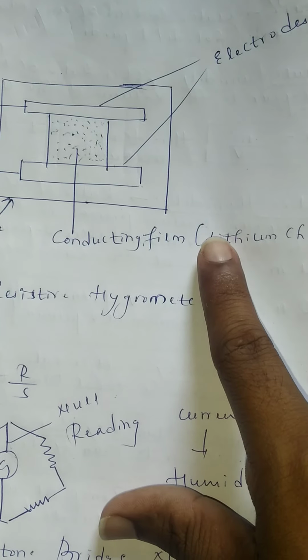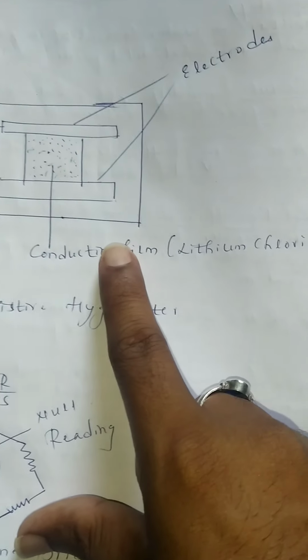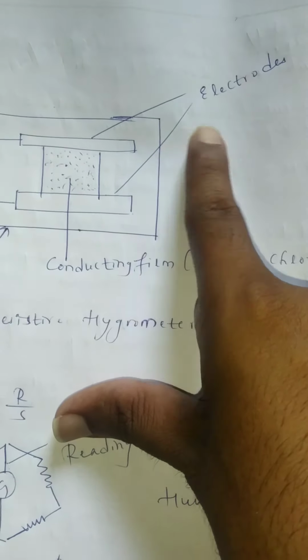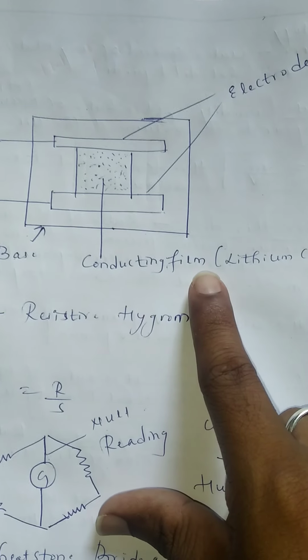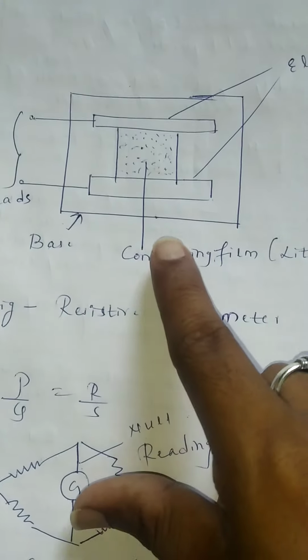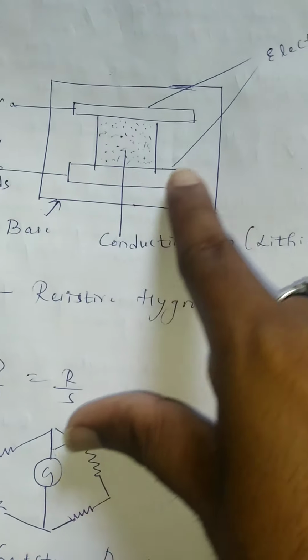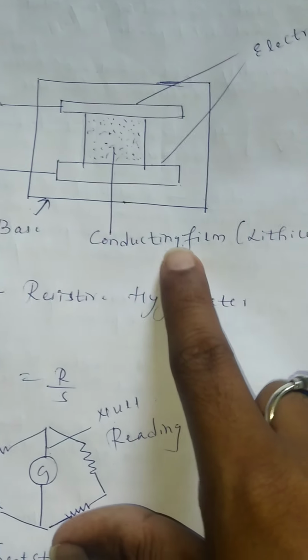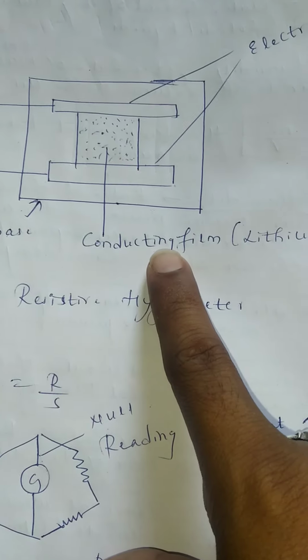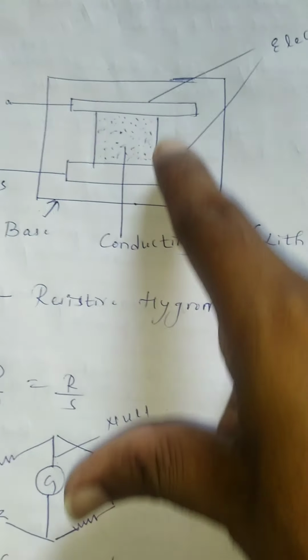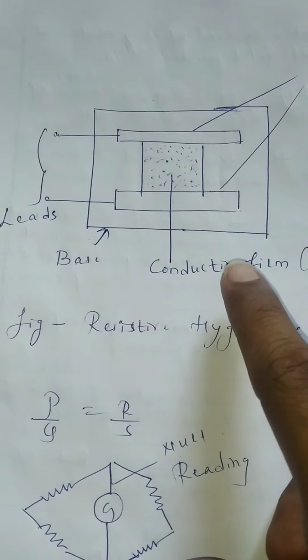The wire or electrodes are coated with hygroscopic salt. A resistive hygrometer, as shown in the figure, has a conductive film between two metal electrodes.